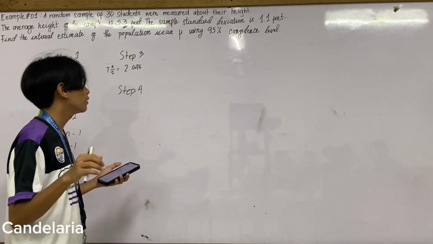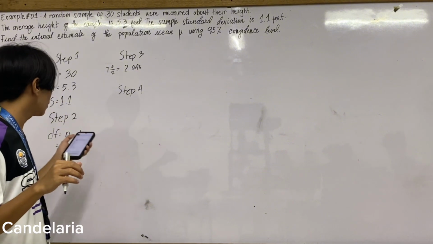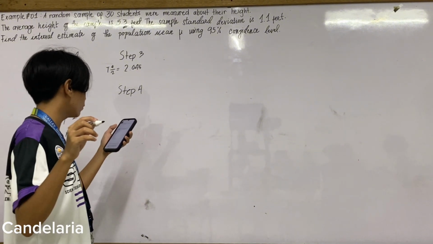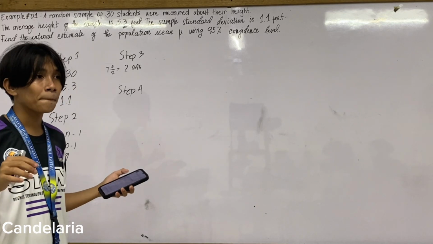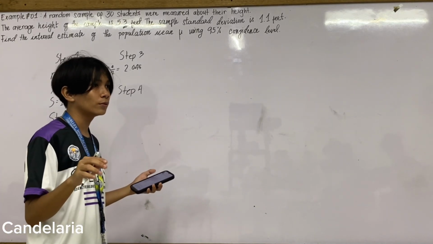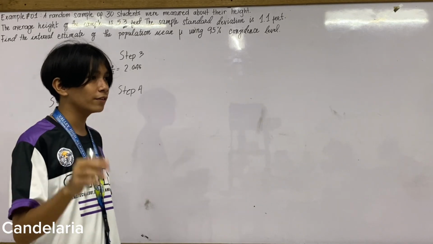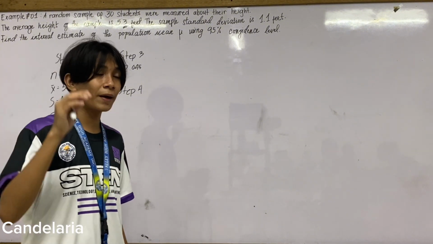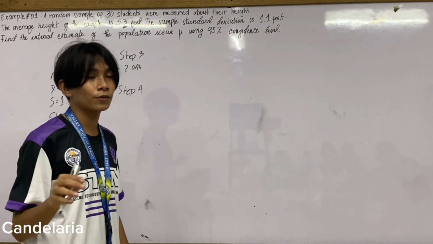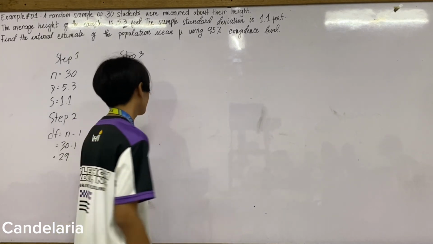After we find the critical value, we need to multiply it by the sample standard deviation and divide it by the square root of n.